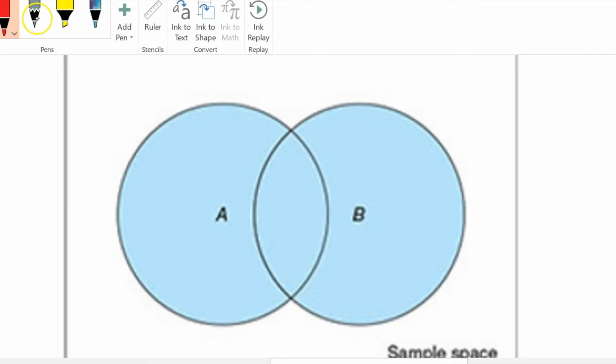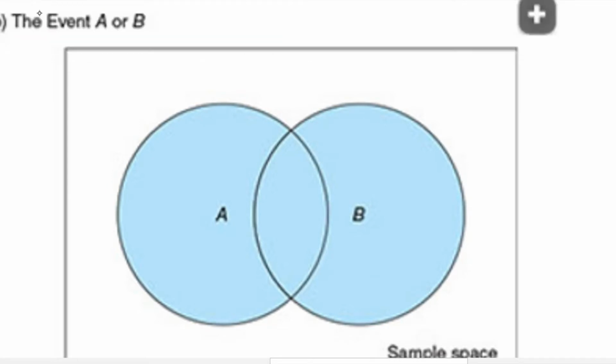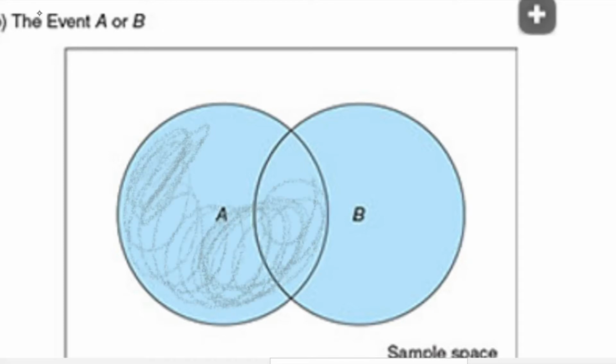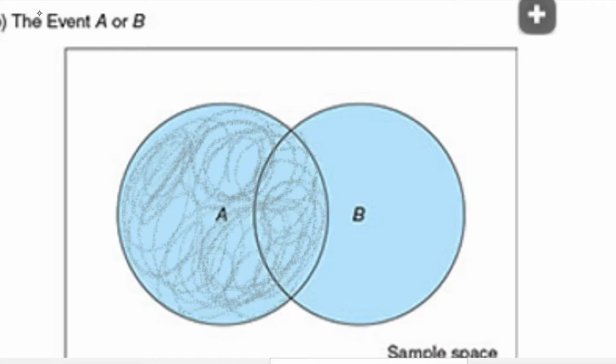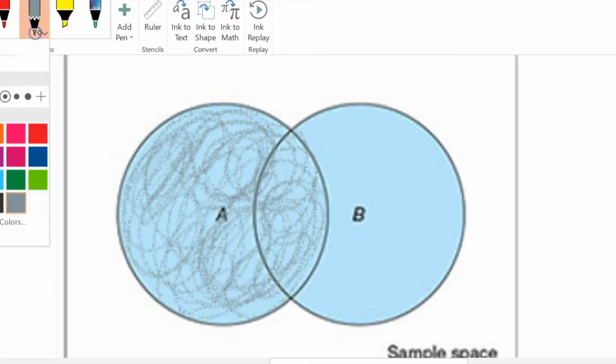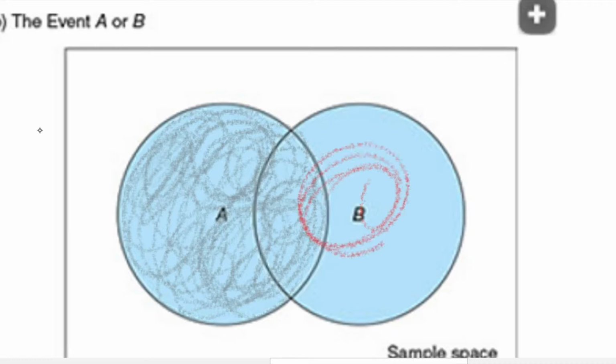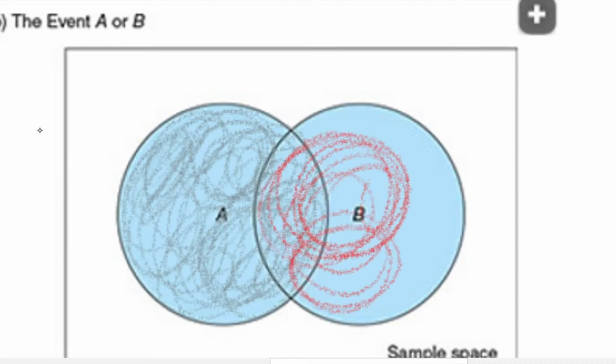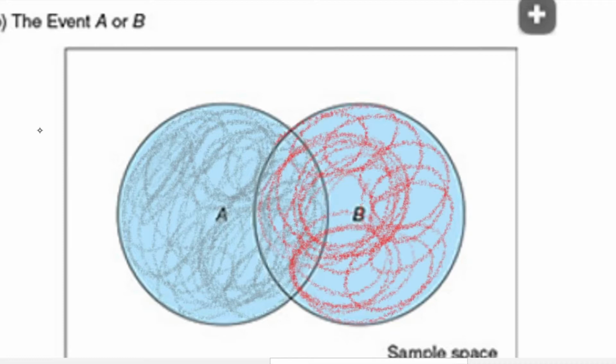So this is all A. If I'm figuring out just the probability of A, it's everything in here: A, and the part of A that overlaps with B. So if I wanted to find A or B, I'm taking that entire circle and adding it with all of B, which is represented by this entire circle.